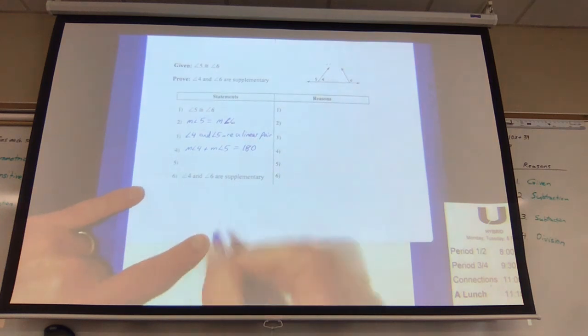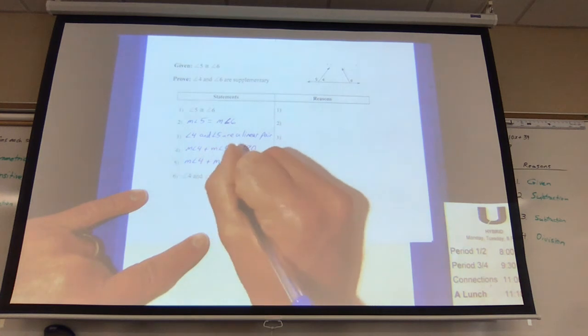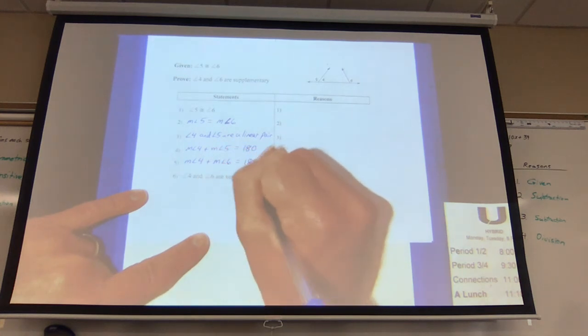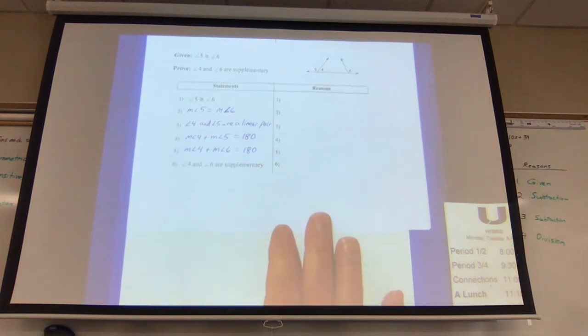And then in step 6, we're going to change one thing. We're going to change the measure of angle 5 to the measure of angle 6. And then we're going to come up with all the reasons.